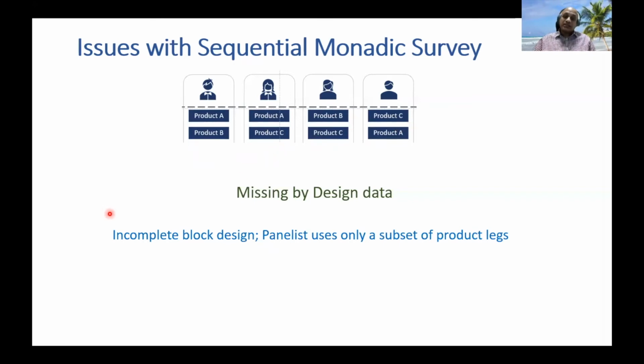Missing by design is particularly more common if the number of concepts or products to be tested is high, like 20 or even more. In that case, all presentation orders are not possible from practical considerations like panelist fatigue, limited budget, limited time, etc. This issue is also not handled by the traditional naive factor analysis done for the drivers analysis.